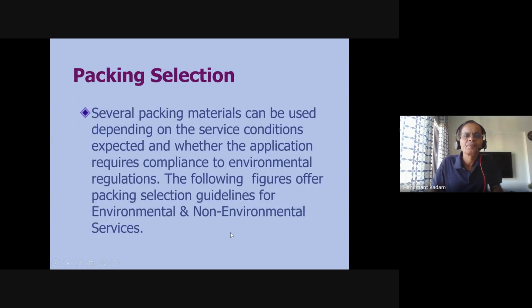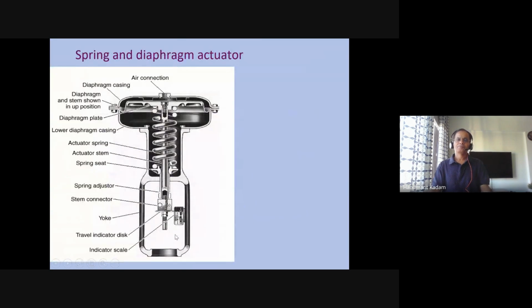Several packing methods can be used depending on the service condition expected and whether the application requires compliance with environmental regulations. If it comes under regulatory compliance, then you have to use the same material as suggested. You can see the indicator scale here, spring seat, adjuster, lower diaphragm. This is where the packing material comes.